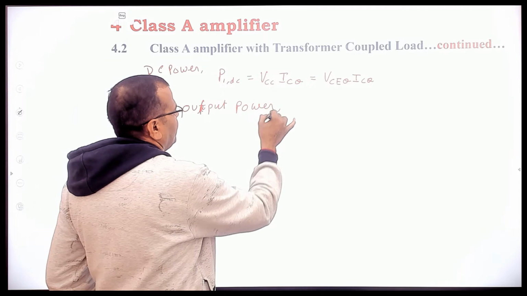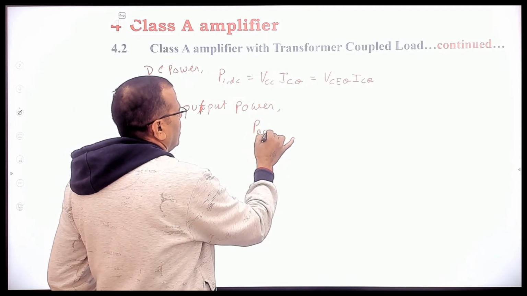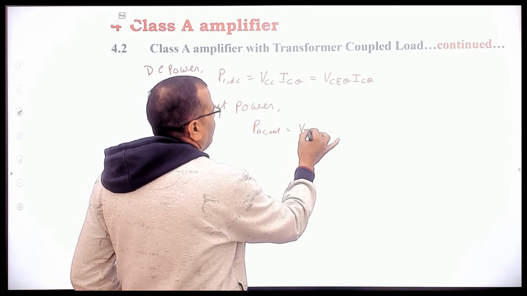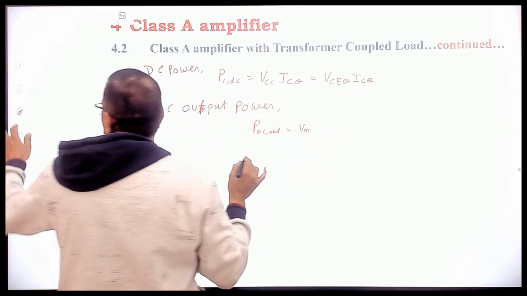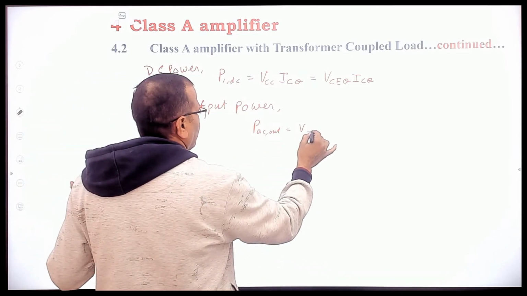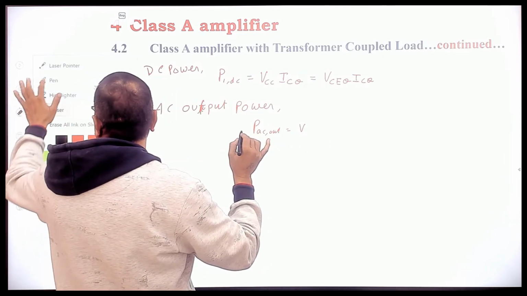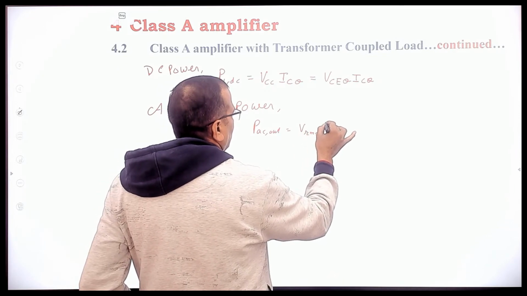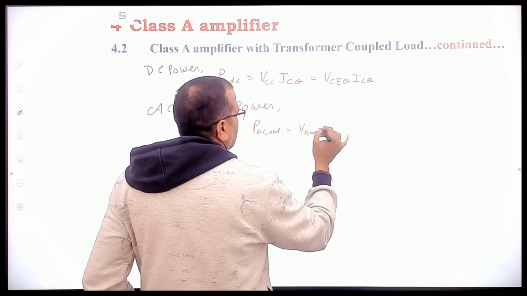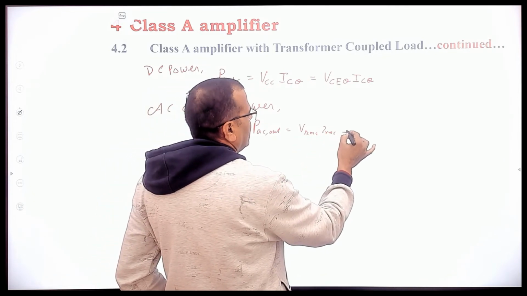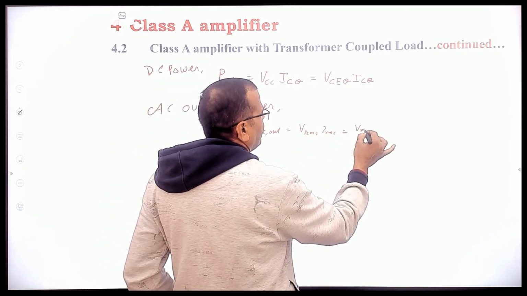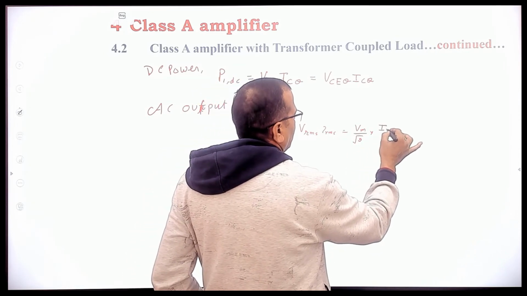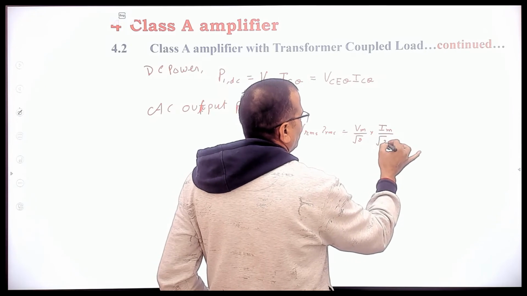So if you find the AC output power, PAC out will be equal to Vrms into Irms. This is VCE rms, you can say, and that is equal to Vm by root 2 multiplied by Im by root 2.